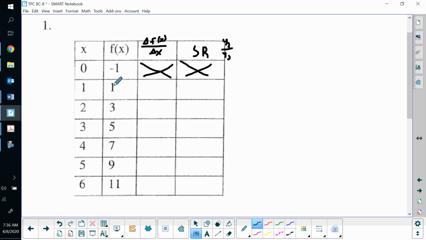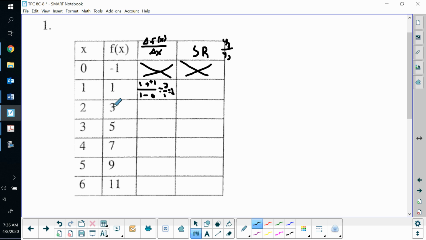All right, so in this box, we're going to start with this 1 right here, minus the negative 1 that comes before it, over this x, 1 minus 0. So minus a minus 1 becomes a plus. 1 plus 1 is 2. We'll have 1 on bottom, so 2 over 1 gives us 2.